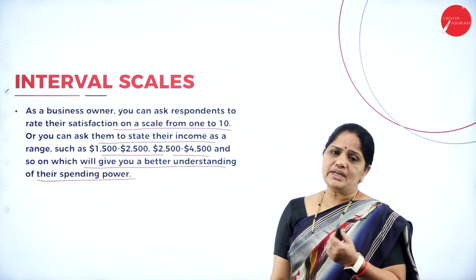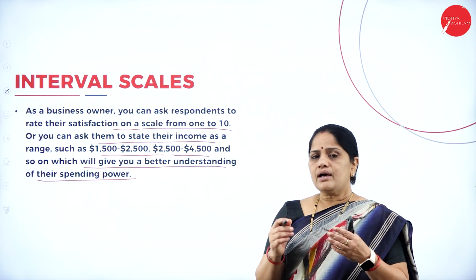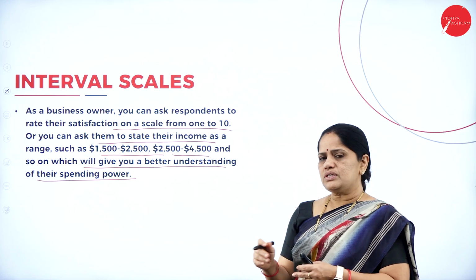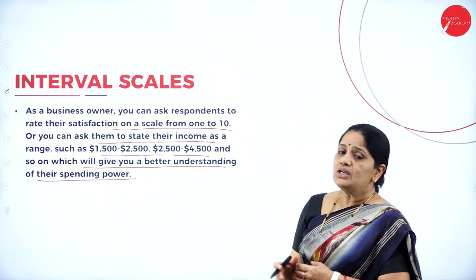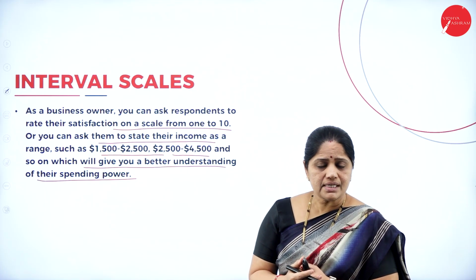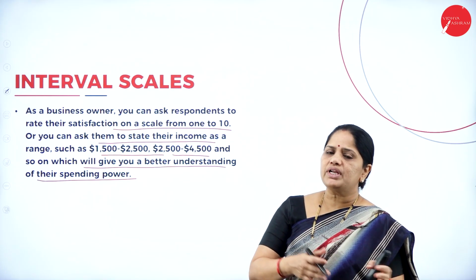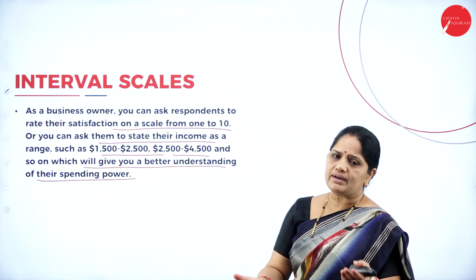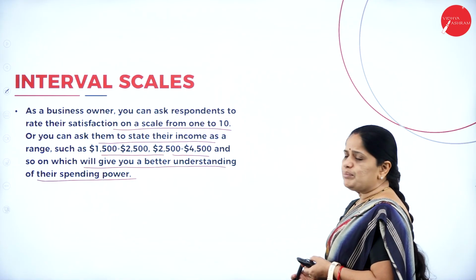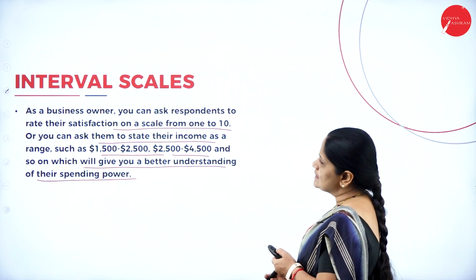So, we give them various options, whether the income is between 25,000 to 30,000 or 30,000 to 40,000, 15 to 20. In this way, the customer will not feel shy to reveal his income. So, it is anywhere between 15 to 25, it may be 20, 25, etc. So, he will be in a position to give a better answer.